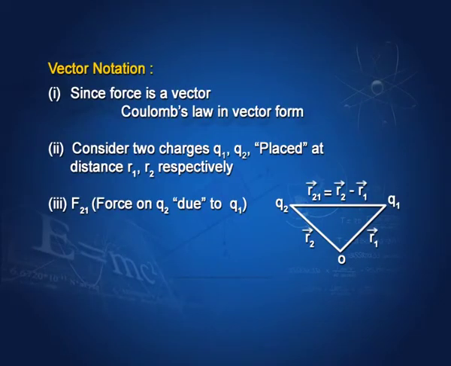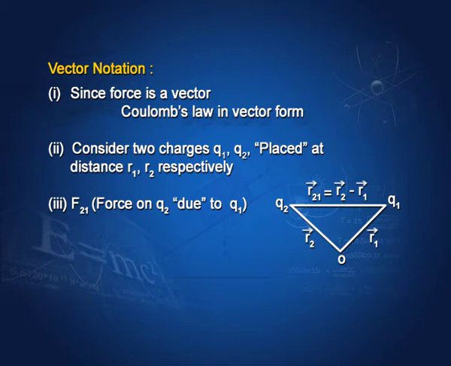Now what we have discussed in our earlier classes is that force is a vector quantity. Yes, because force means a mass being accelerated in some particular direction, so force should be a vector quantity with a particular direction. Now if I have two charges, say q1 and q2, and I am standing at point O observing them, I see that the distance between the charge q1 and the point O is, say, r1, and the distance between the point O and charge q2 is, say, r2.